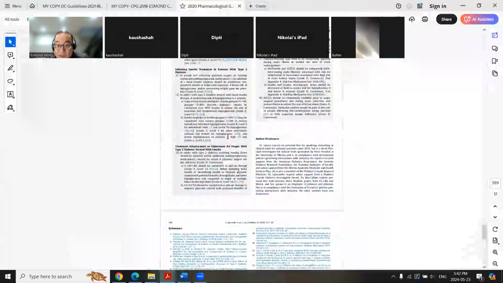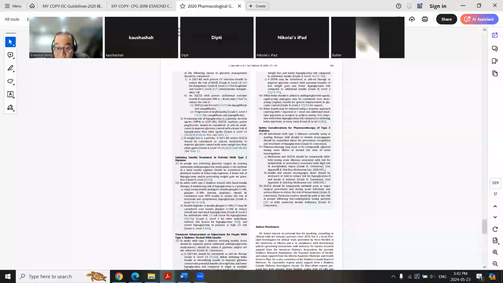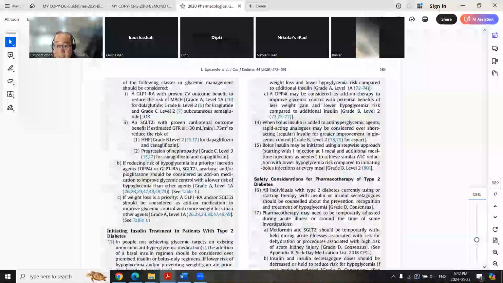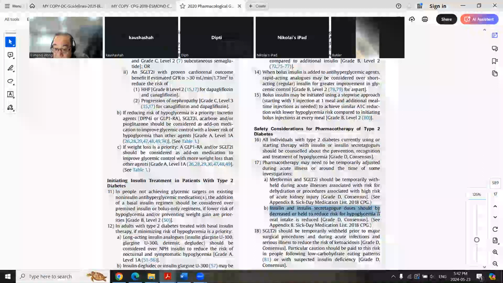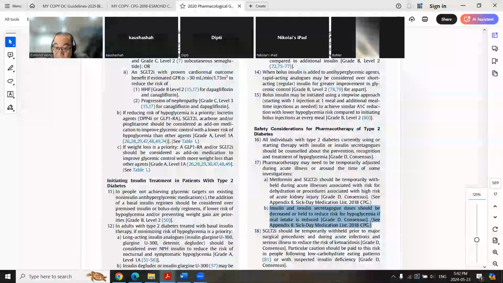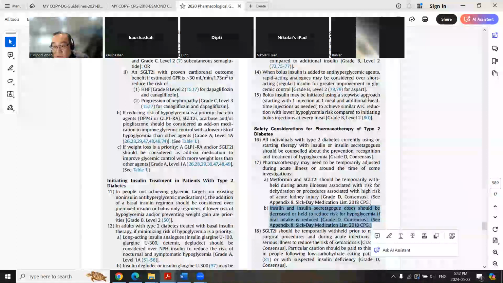So 17B. Okay, let me just make this bigger. Okay. Insulin and insulin secretagogues should be decreased or held if oral intake is reduced. And is this type 2? Yeah, so that's for type 2 diabetes. For type 1, you would never hold it.